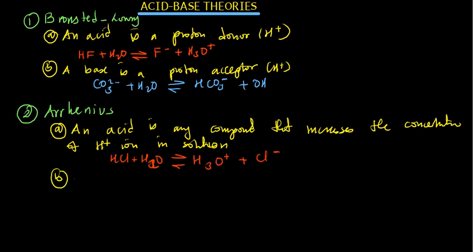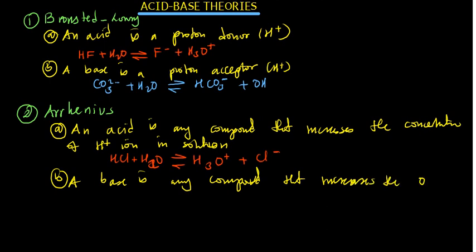Now a base, in terms of Arrhenius theory, is any compound that increases the hydroxide concentration in solution. Alright, so that is what we call a base. An example that we can give for an Arrhenius base is sodium hydroxide.